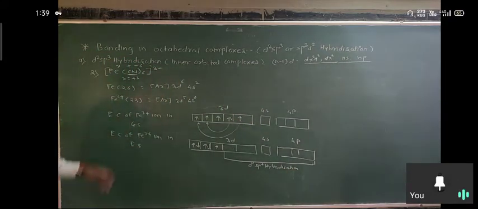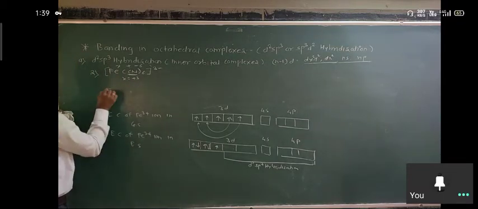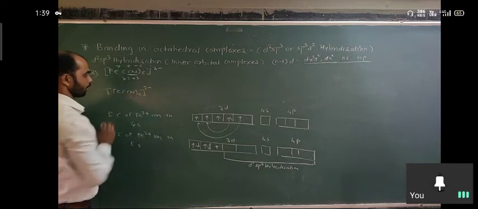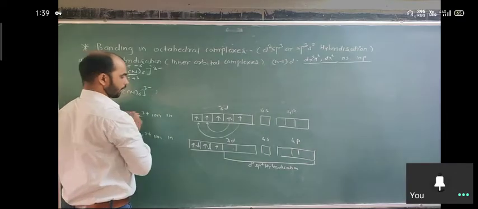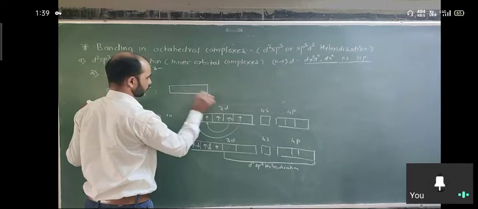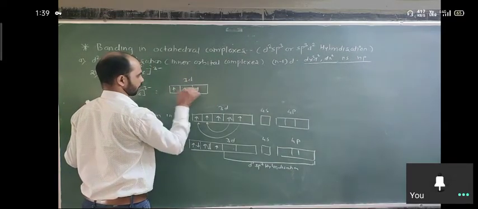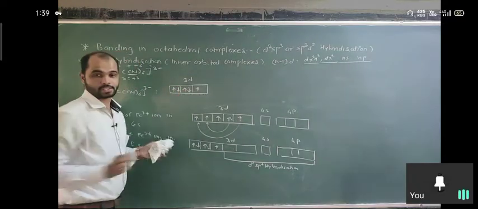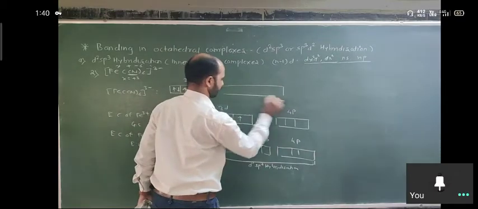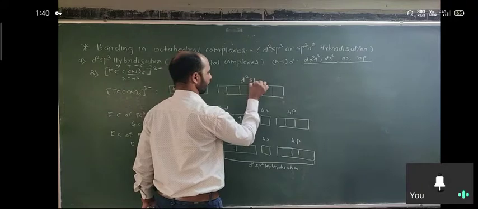So in the complex [Fe(CN)6]3-, here the 3d has only 3 orbitals containing electrons, with one single electron, and this is a set of 6 orbitals.